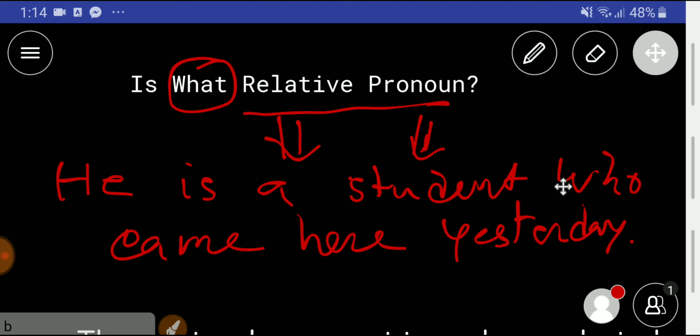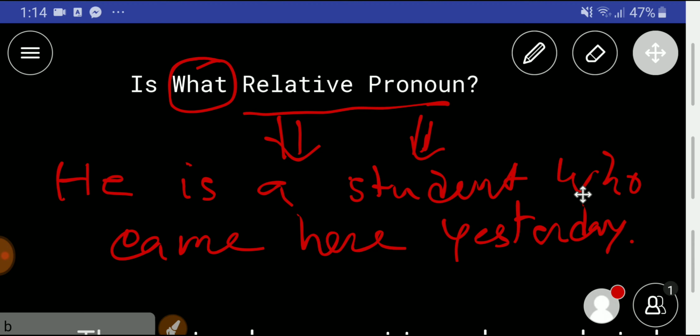This who is connecting this clause, he is a student, with this clause, who came here yesterday, plus the who is the subject of the verb came. You know that came is a verb of the relative clause, right?